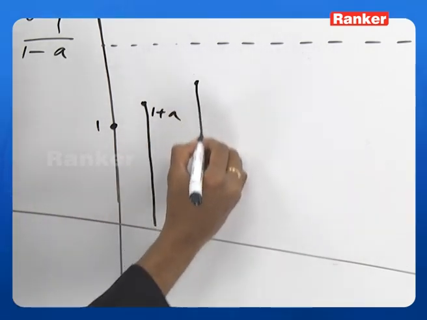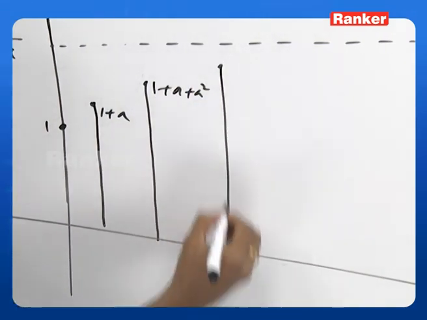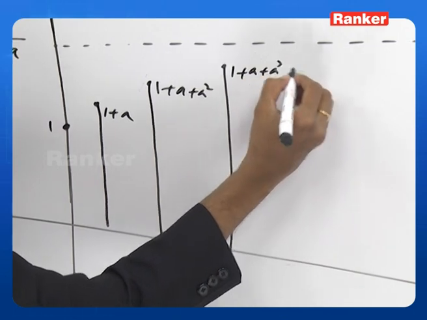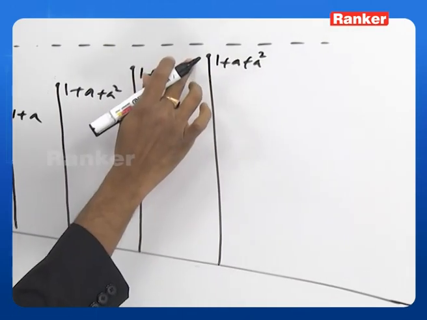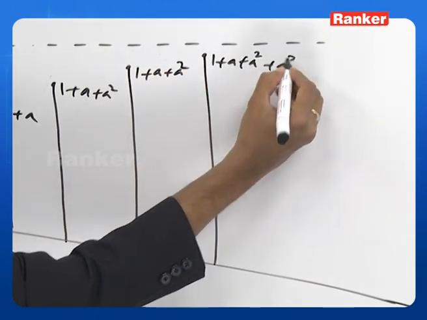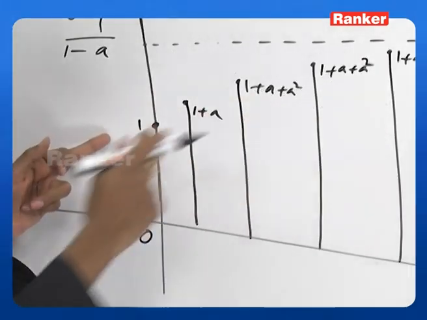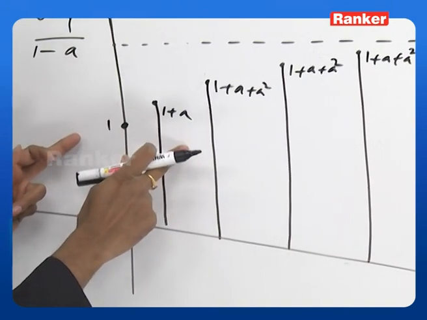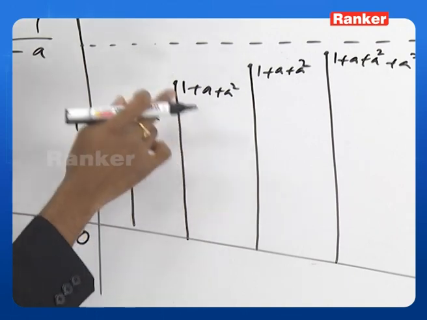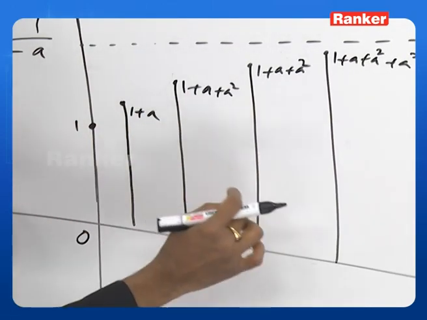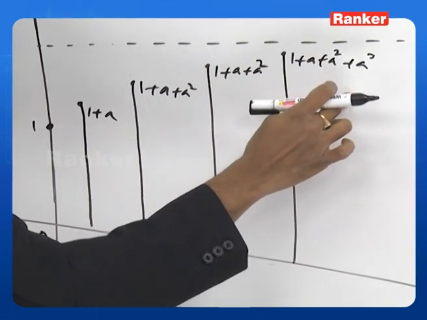Then comes here 1 plus a plus a square, which is a little bit higher than this. Then 1 plus a plus a square plus a cube, like that, and so on.